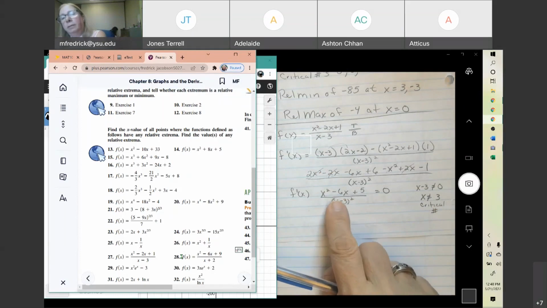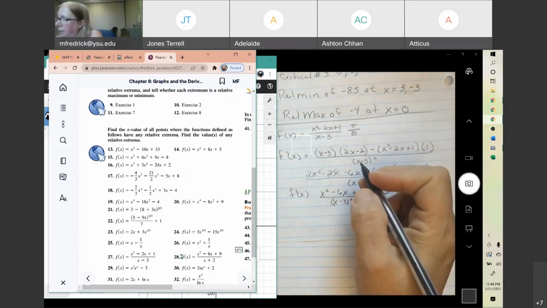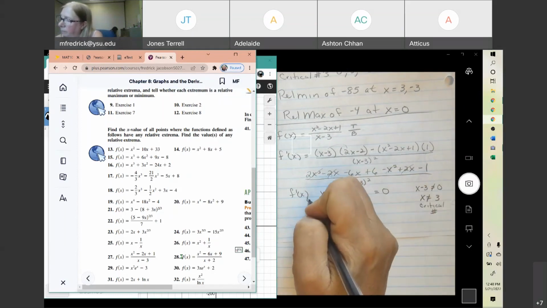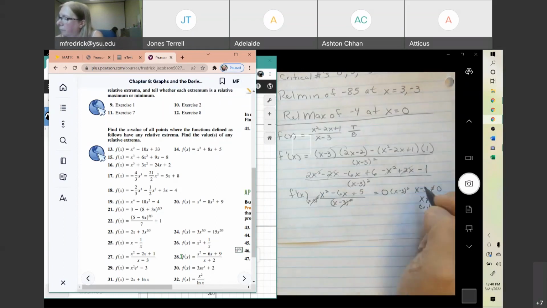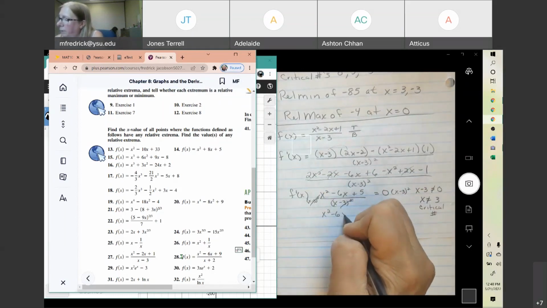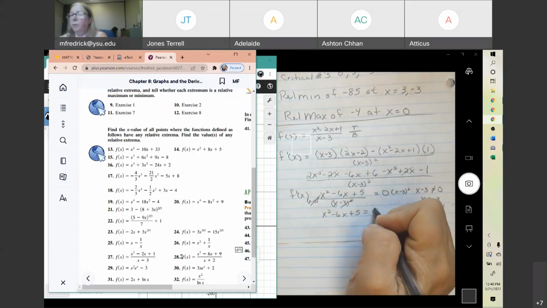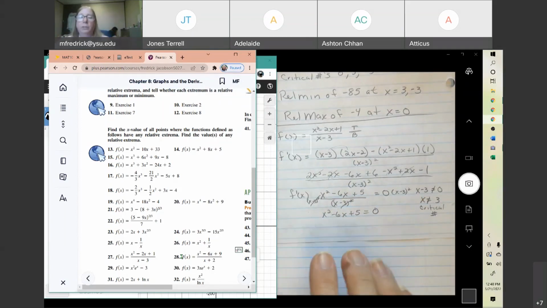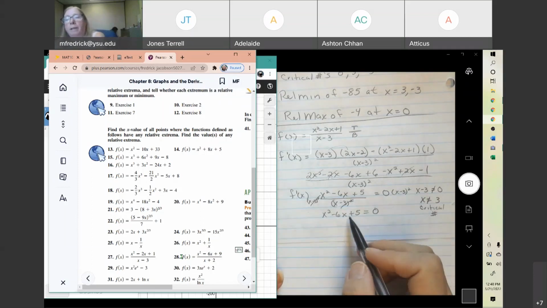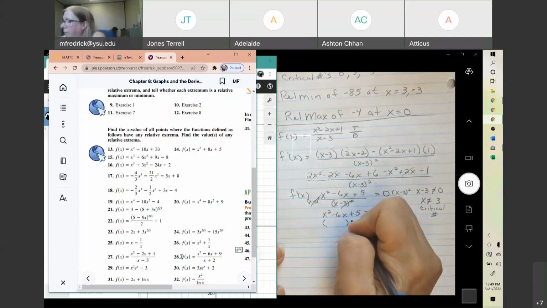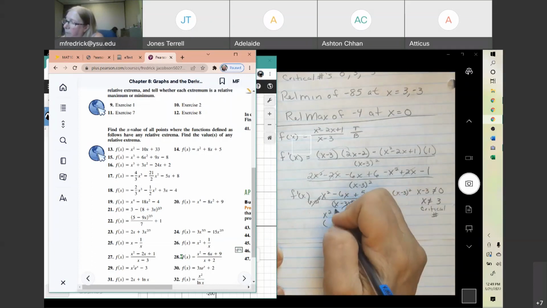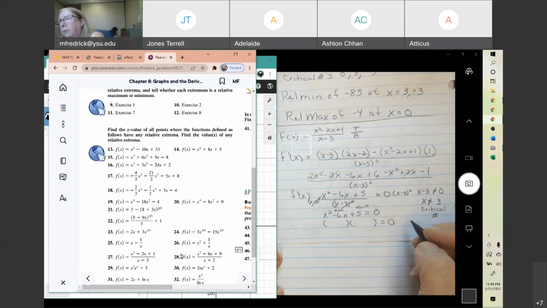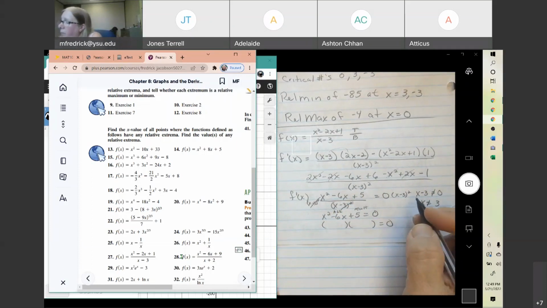Now, as long as this isn't 0, we could just multiply it to the other side. Notice then, we're just setting the numerator equal to 0. So if you have a fraction, the only way it's going to equal 0 is if the top is 0. Then we want to factor it. Two numbers that when we multiply, we get 5, and when we add, we get a negative 6. 5 and 1, both negative.